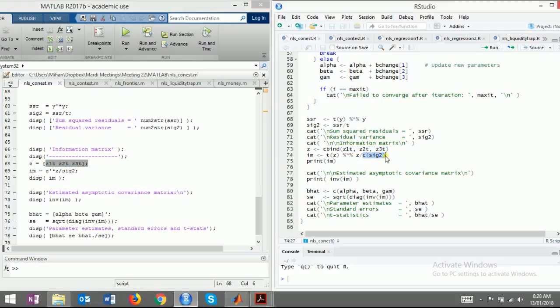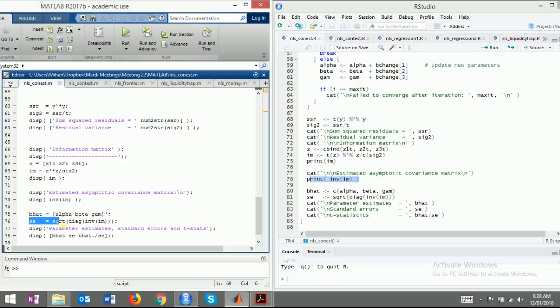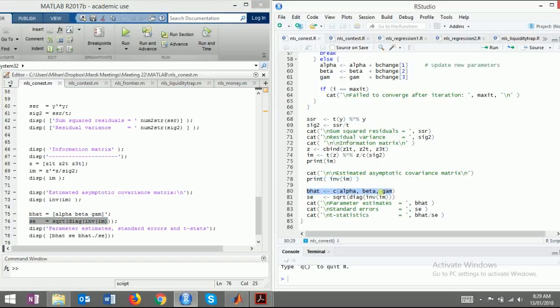Fine. And then the inverse matrix, which is the estimated asymptotic covariance matrix. And standard error is simply the square root of the diagonal elements of the inverse matrix, and beta hat is alpha, beta and gamma represented in a column.